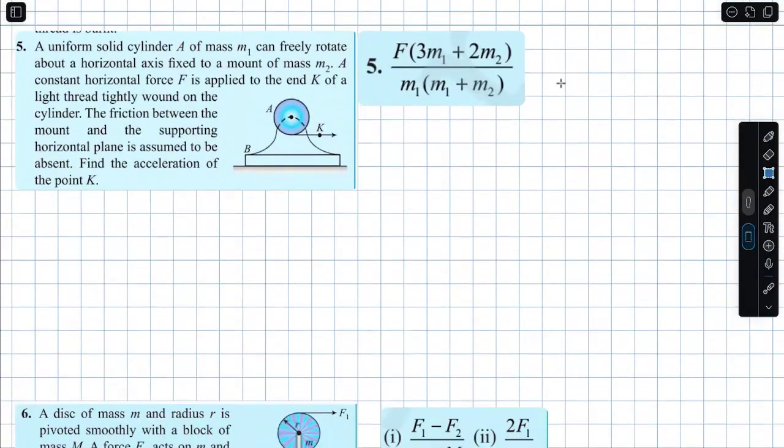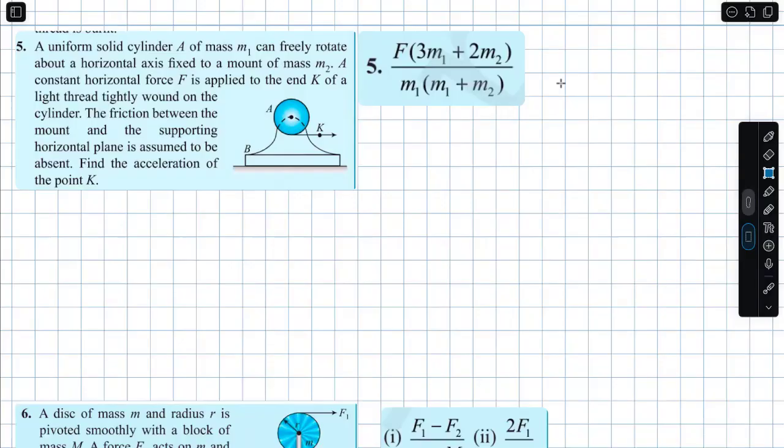Read the question carefully. Everyone. A uniform solid cylinder A of mass m1 can freely rotate about a horizontal axis fixed to the mount B of mass m2. Have you seen both the masses? Right.